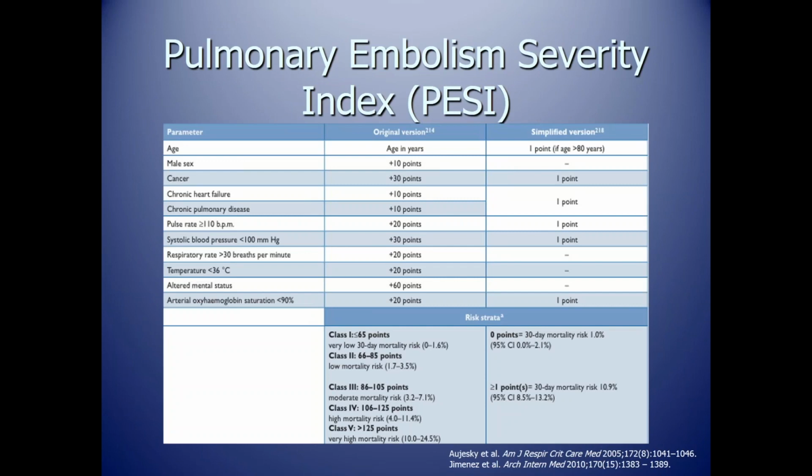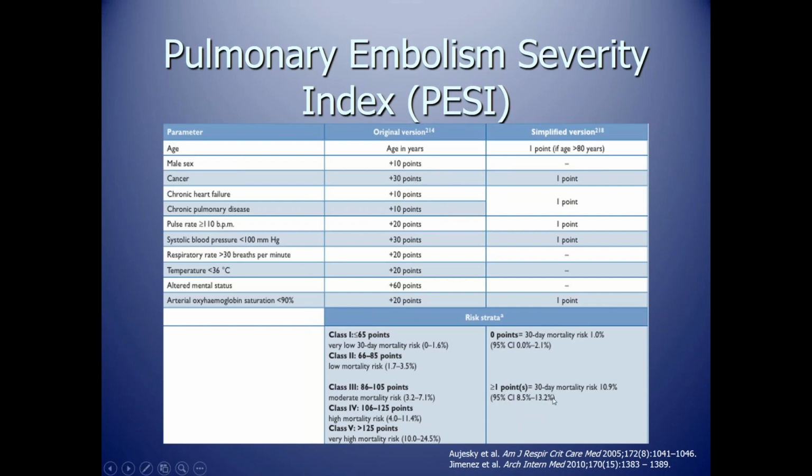So this is the PESI score. On the left, you have the original PESI score, which is a pretty convoluted scoring system. And the right is the SPESI, or simplified PESI score. And you'll see, you may have a patient who's a submassive PE, but if they have a heart rate that's over 110 a minute, they get 1 point.